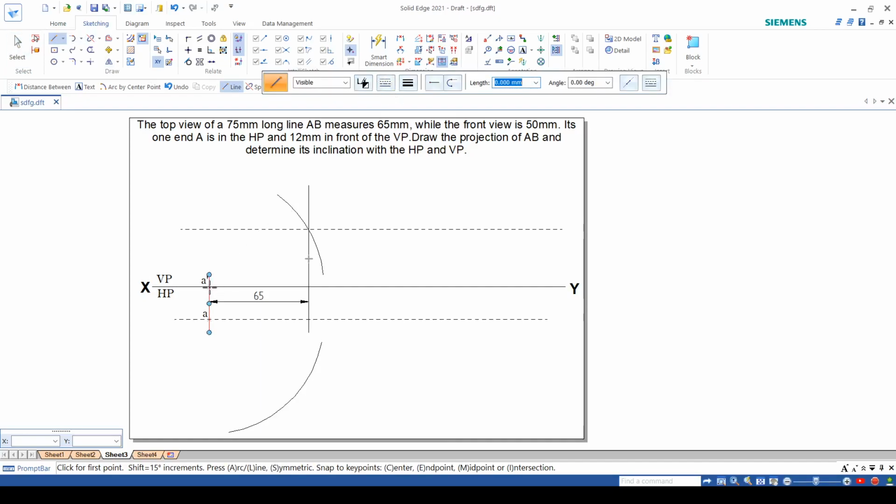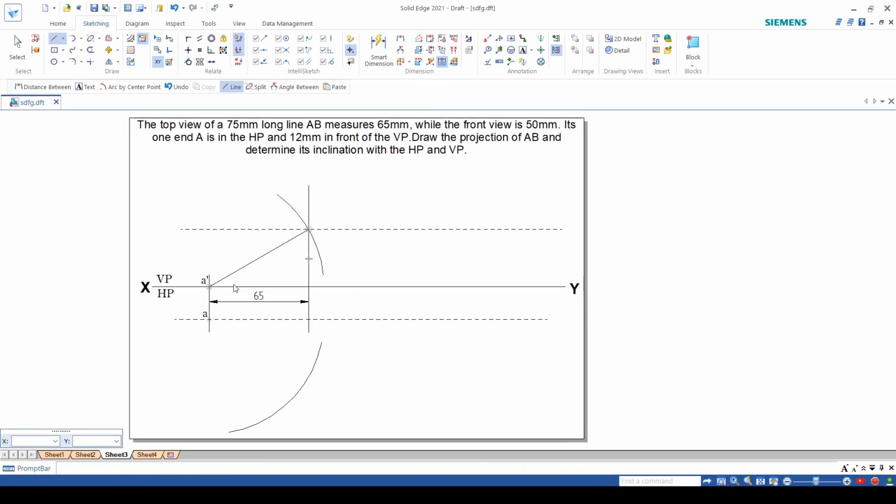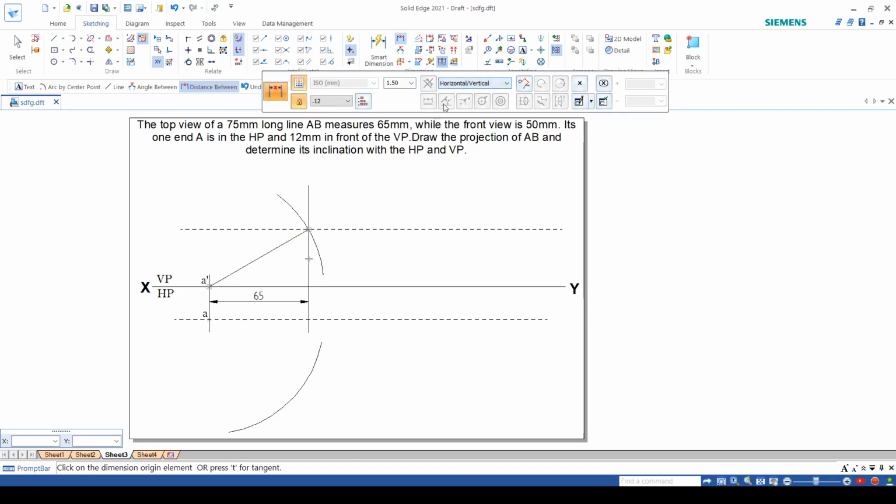I will draw from here to here. This would be our true length. If you want to measure it, you can measure it. From this point to this point, see, it's 75.